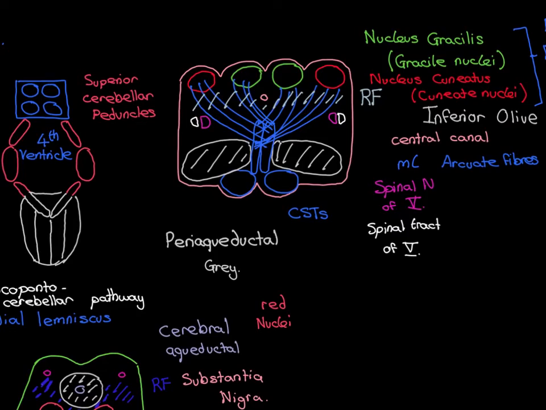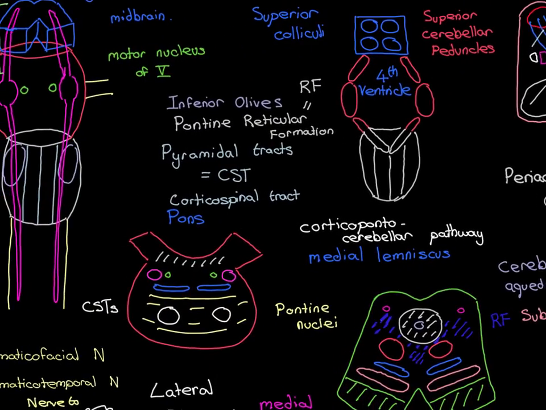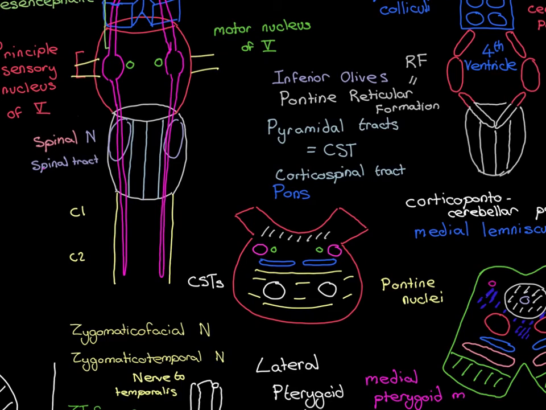So the next thing we want to do is do the cross-section of the cervical spinal cord so that I can show you where the spinal nucleus of the trigeminal nerve is in the grey matter of the spinal cord. And I'll give it away, it's going to be in substantia gelatinosa.